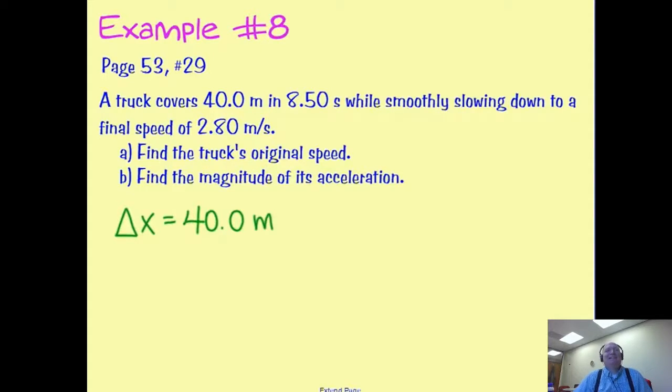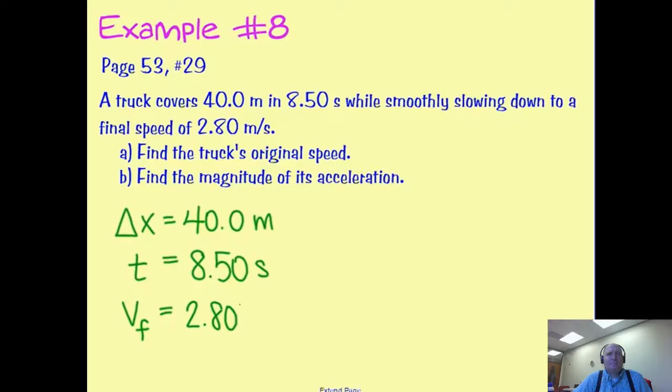We know that the time that it takes to travel that distance is 8.5 seconds. We know that its final speed, again the magnitude of its final velocity, is 2.8 meters per second. In part A, we are looking for the initial speed, or again, the magnitude of the initial velocity.